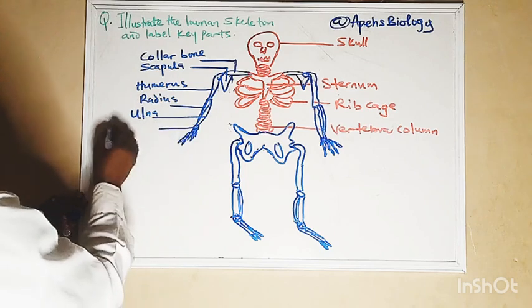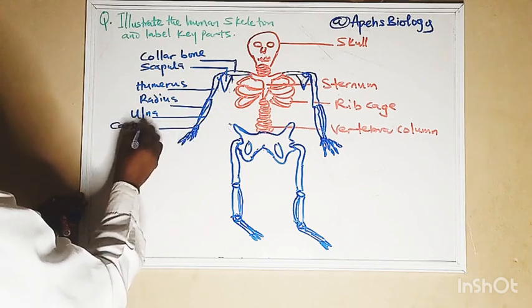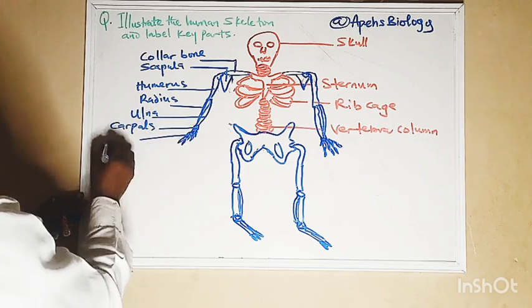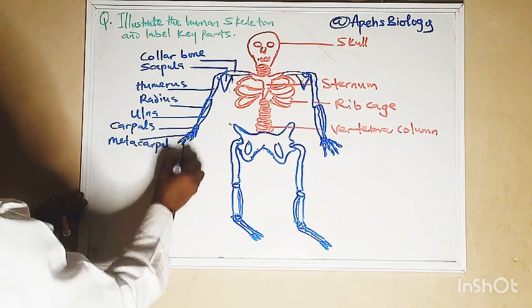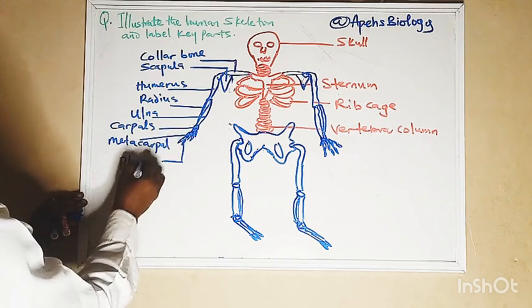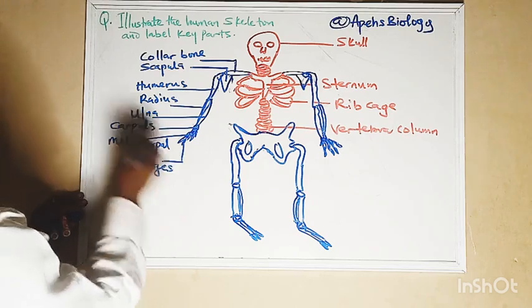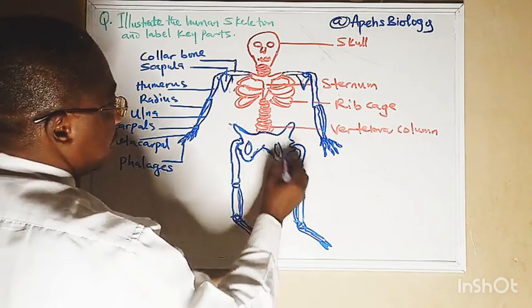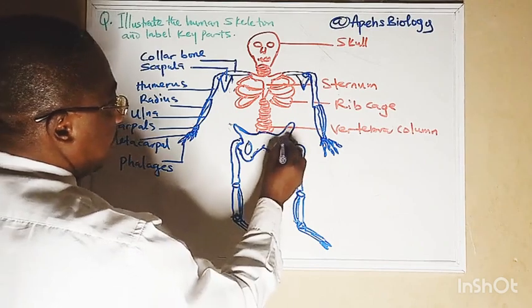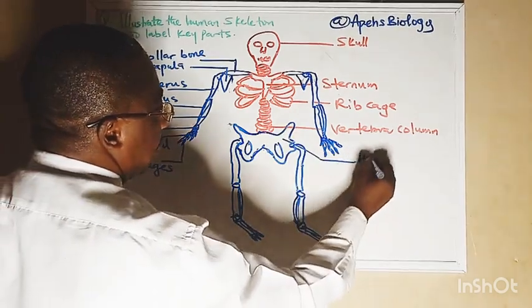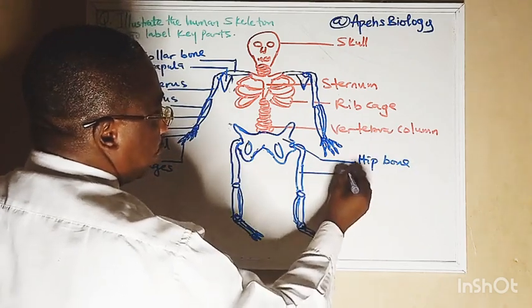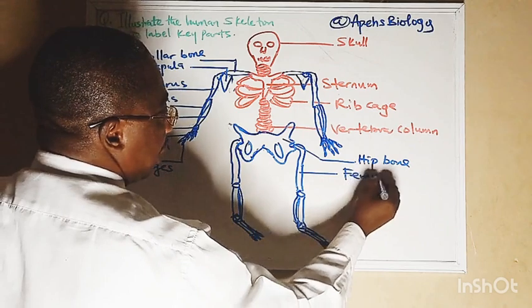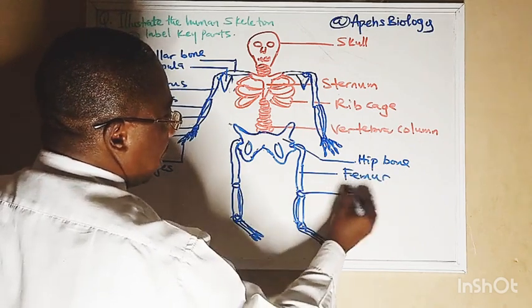The wrist bones are called the carpals. The bones of the hand are called the metacarpals, right? Then the digits here are called the phalanges. We can come here and call this the hip bone. This is a very long bone called the femur, the bone of the thigh. This is our kneecap.